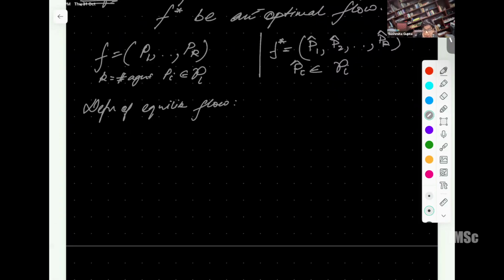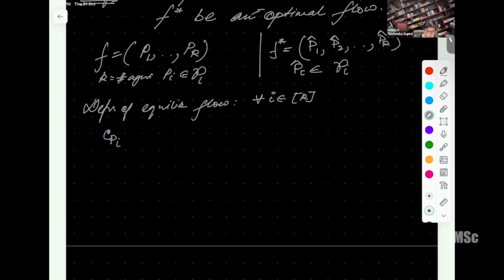If F is an equilibrium flow and F star is anything, then I can say for each agent, the cost it incurs under F is no worse than the cost it incurs under F star. That's the definition at least I have.